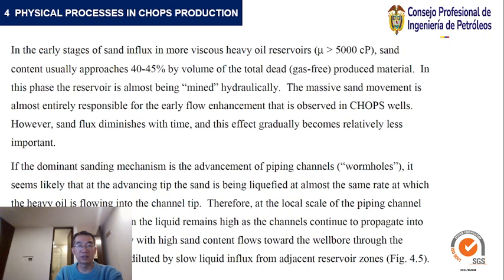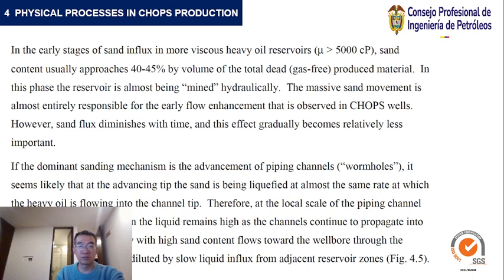It seems that at the advancing tip, the sand is being liquefied at almost the same rate at which the heavy oil is flowing into the channel tip. Therefore, at the local scale of the piping channel tip, the sand concentration in the liquid remains high as the channels continue to propagate into the formation.